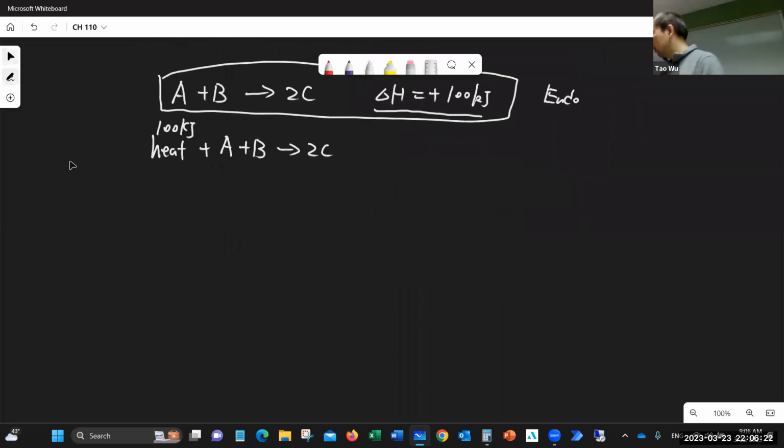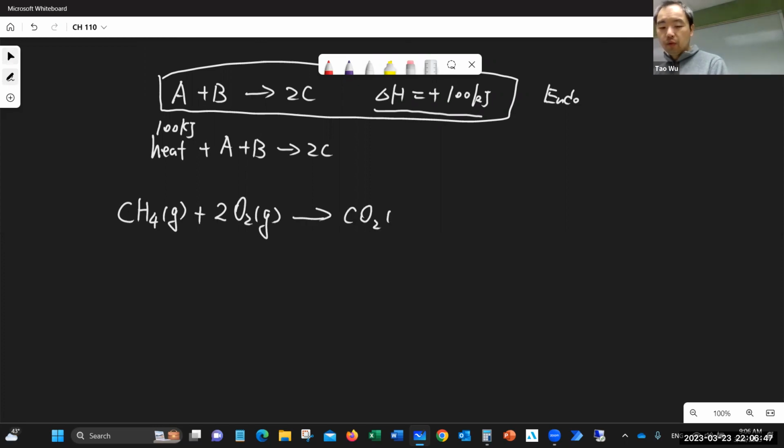Let's just talk about a real case. For example, we have methane gas reacting with 2 oxygen gas, and then they form CO2 gas plus 2 water, which is liquid, and the delta H in this case is negative 890.4 kilojoule per mole.